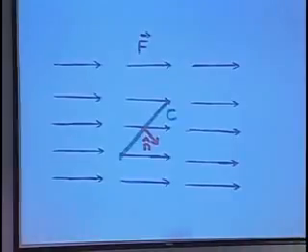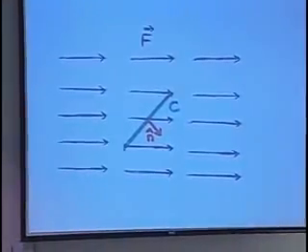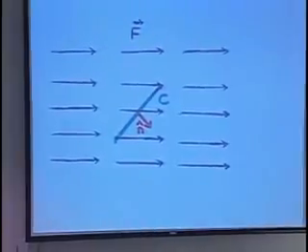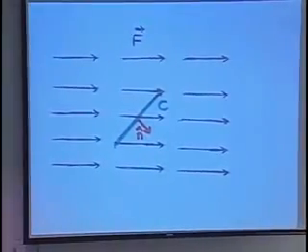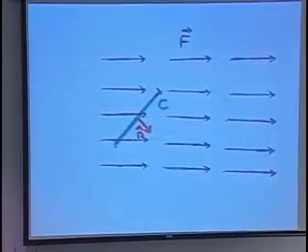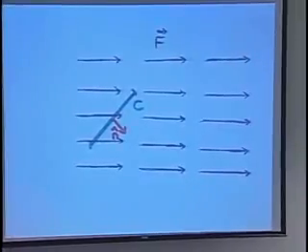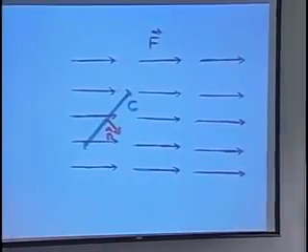Now, how much stuff goes through this little piece of curve per unit time? Well, what happens over time? The fluid is moves while my curve stays in the same place. So I claim that what goes through C in unit time is going to be a parallelogram.